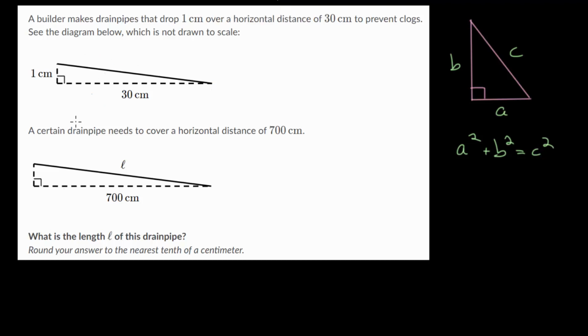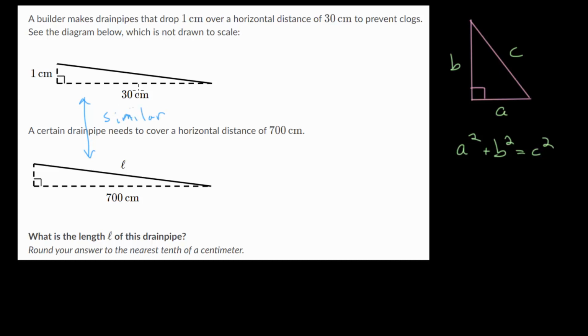Now, one of the key points with these is that we're essentially taking this triangle and scaling it. So you can imagine stretching the triangle out so that it now has a 700 centimeter base to it. But it's going to be proportional. So in other words, these two triangles are what is known as similar triangles.